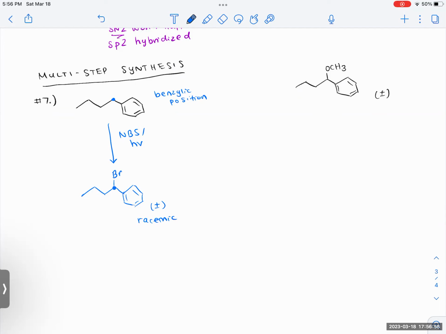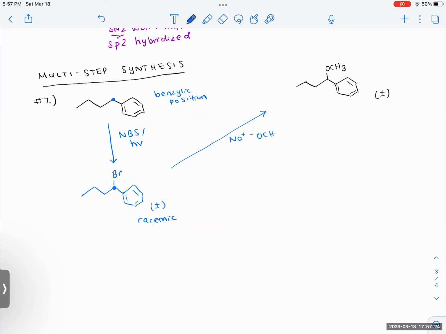Okay, so at this point, generally with synthesis reactions, we want to try to get them done in the least amount of steps. So if you can remember that we have a reagent that just does a substitution reaction here, that's great.